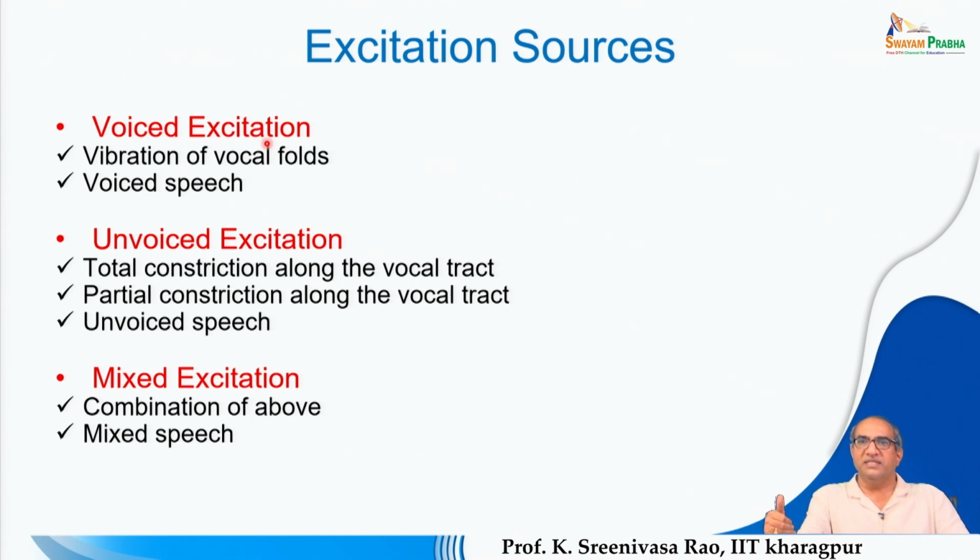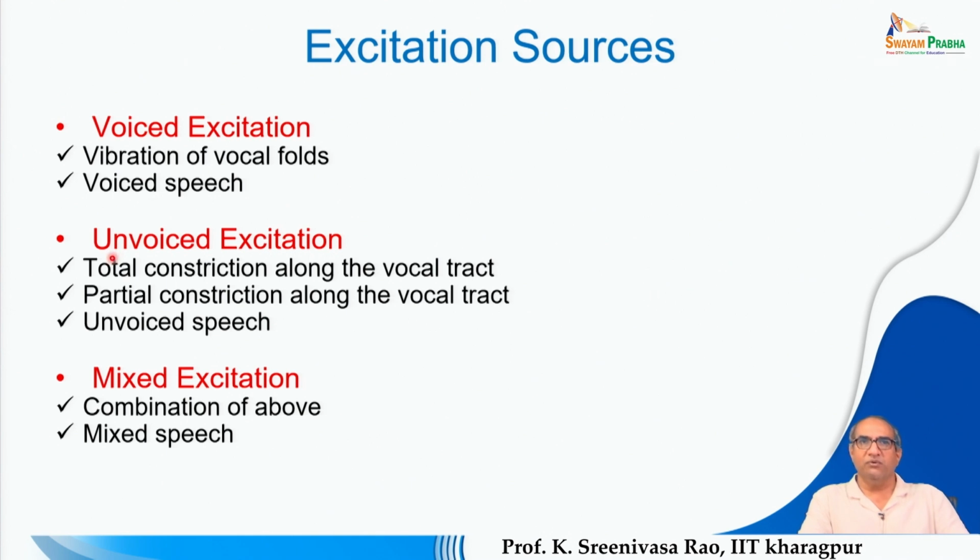These narrow pulses act as excitation and are propagated through the oral cavity, nasal cavity or supraglottal system, and different sounds are produced. The excitation due to vocal fold vibration is known as voiced excitation, and the speech produced this way is known as voiced speech.